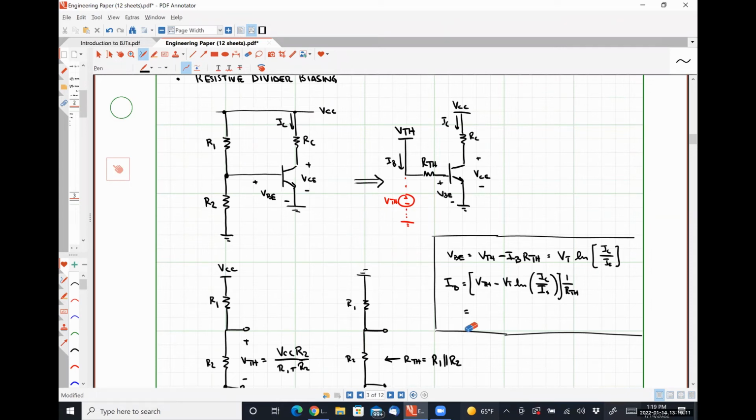Running out of room here, so I'm going to delete that line, which is nothing more than VTH minus VT natural log of beta IB over IS, all multiplied by 1 over RTH. So I've given you an equation that says the variable I don't know is some function of the variable I don't know, that I can throw into a numerical solver if I need to.